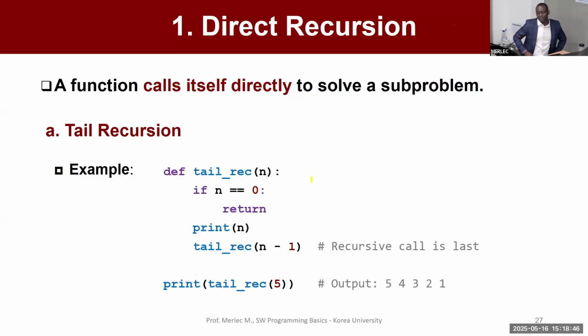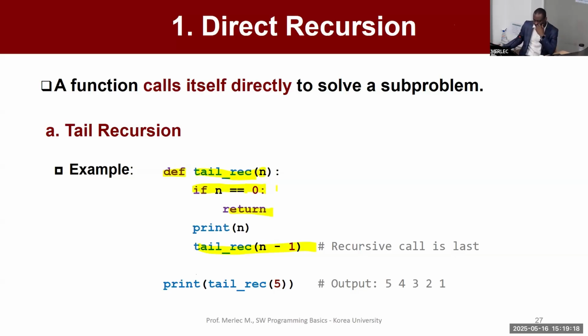With an example, here is a tail recursion function where the last line is used to call the recursive function. You can see the function is defined using the def keyword, and then we have the parameter which is sent as an argument through n. We check whether the function includes the base case. The base case is here. If n is equal to 0, it will return nothing.